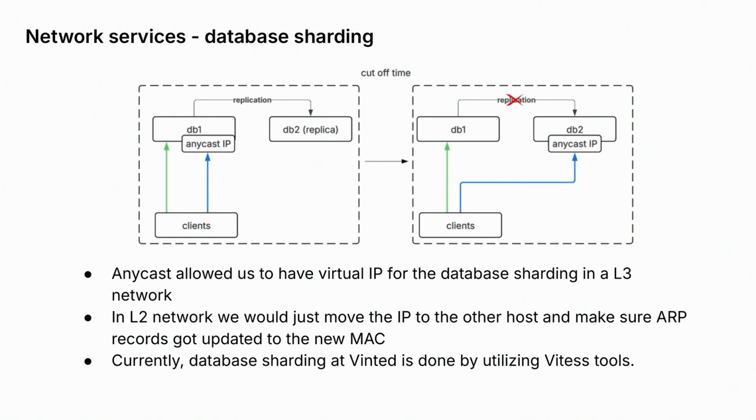You can see here the green one is the old connection used to access everything in DB1, and the blue one is the new one. The green one connects directly to the database host, to its IP address, and the blue one is connecting to the Anycast IP that DB1 is advertising at the moment. And the database replication is set up to copy all the data to the DB2 host.